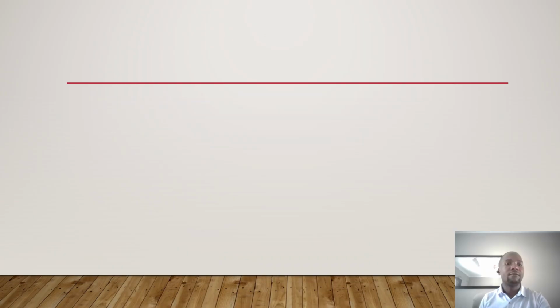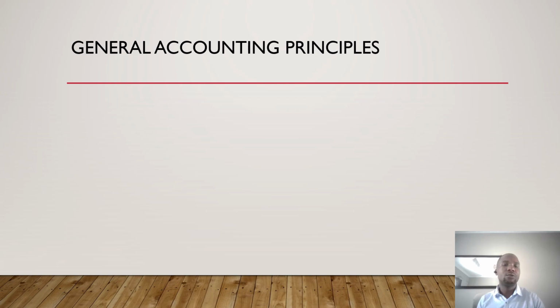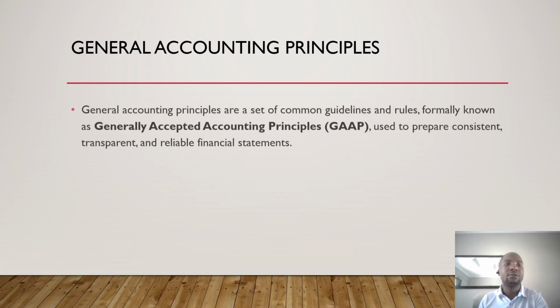Now that we have looked at the double entry accounting system, we need to look at the general accounting principles that guide accountants in their preparation of the various financial reports.